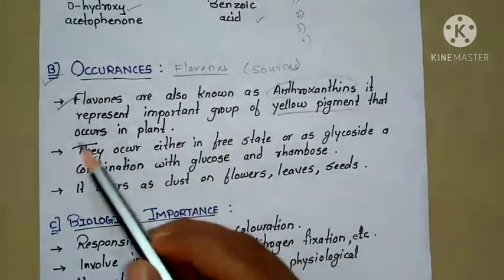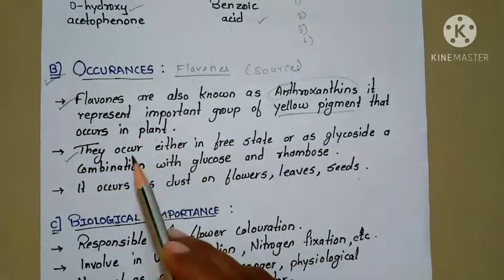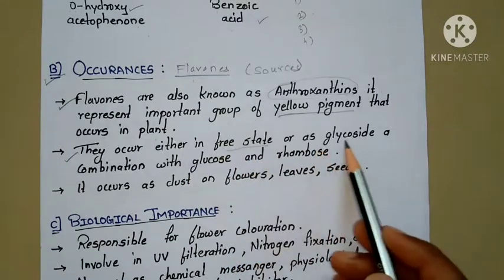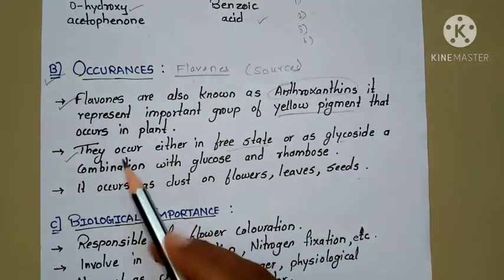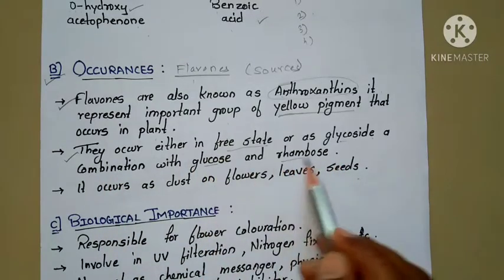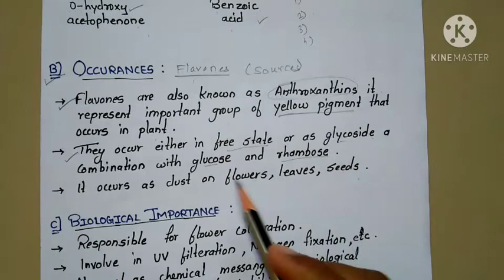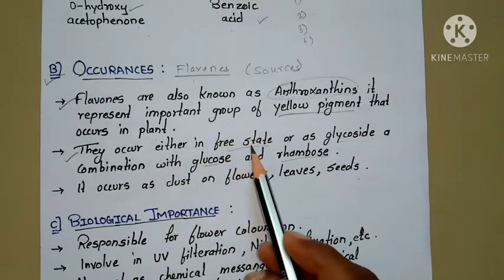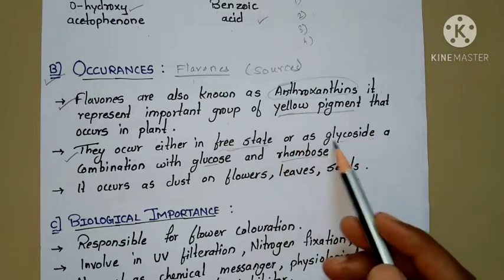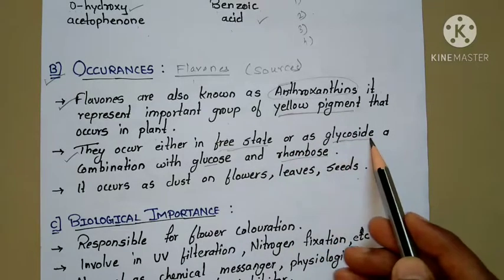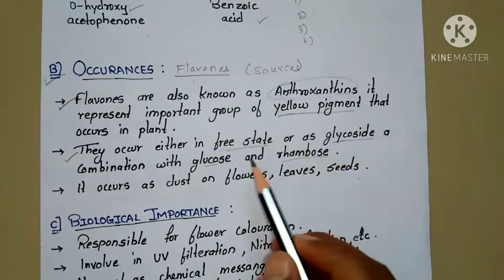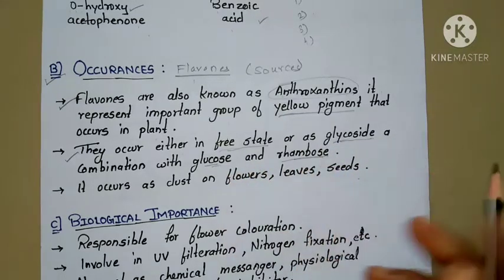Then the second one is they occur either in a free state or as glycosides, in combination with glucose and rhamnose. Free state means they are naturally obtained, and as glycoside means containing glucose and rhamnose.